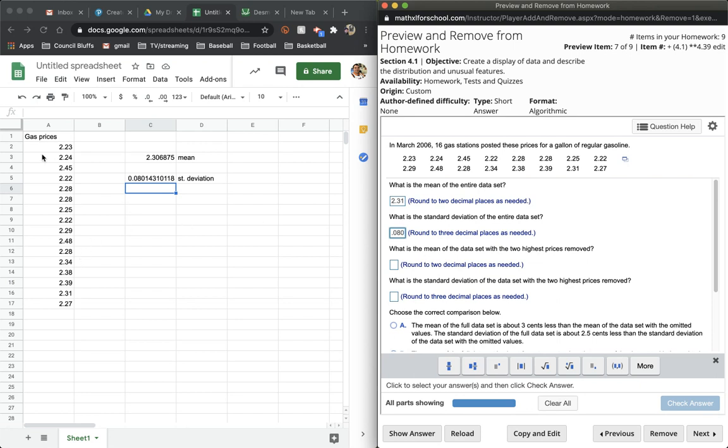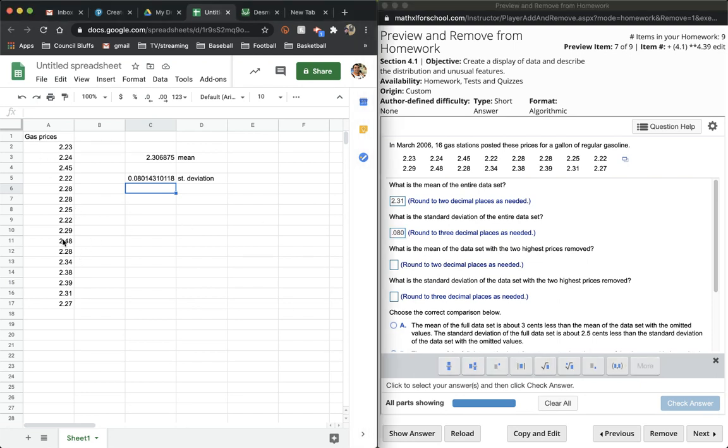So let's see what my 2 highest numbers are. I think it's 248. Okay, 248 and 245, I believe, are the 2 highest numbers. So I can delete 248 and I can delete 245.